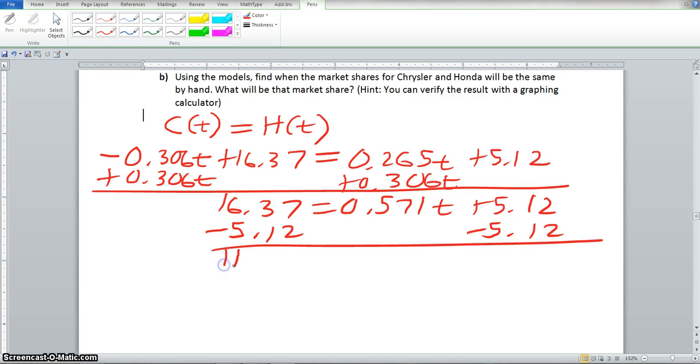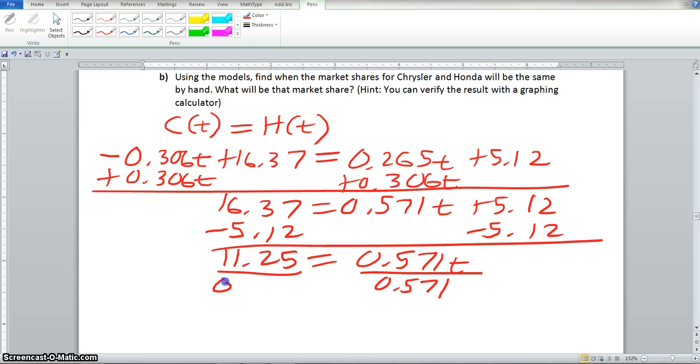Now we will subtract 5.12 on both sides. So we will have 11.25 is equal to 0.571 t. We divide each side by 0.571, and we will have t is approximately 19.7. Now remember, this is the years going from the years after 1995.